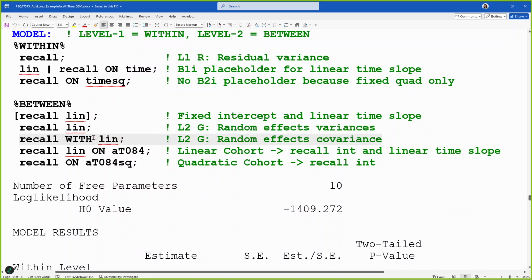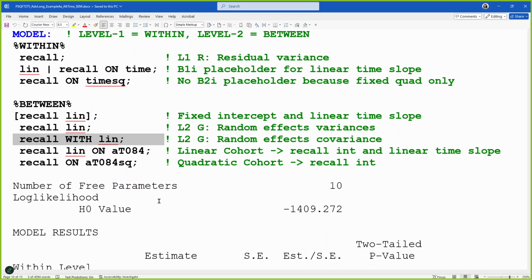Yes, so the word with, that's a 2-headed arrow. That's a covariance. So I am allowing a covariance between what and what, specifically. Recall with Lin, I would have called what 2 weeks ago? So it's the covariance between the random intercept variance and the random slope variance per term?